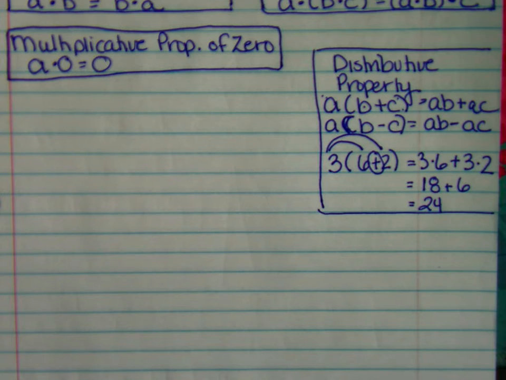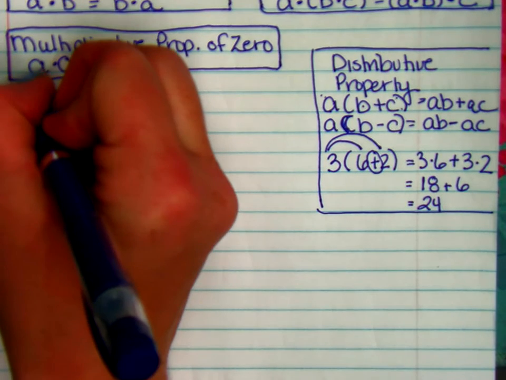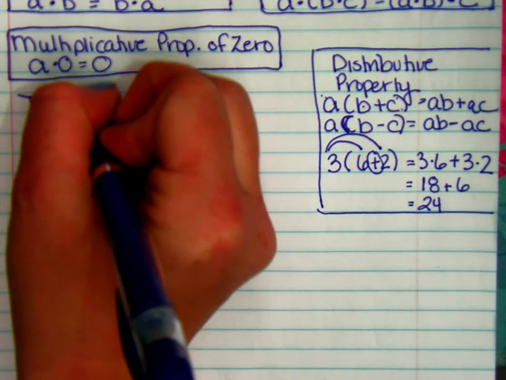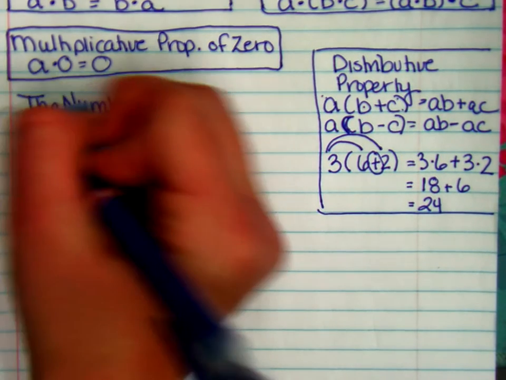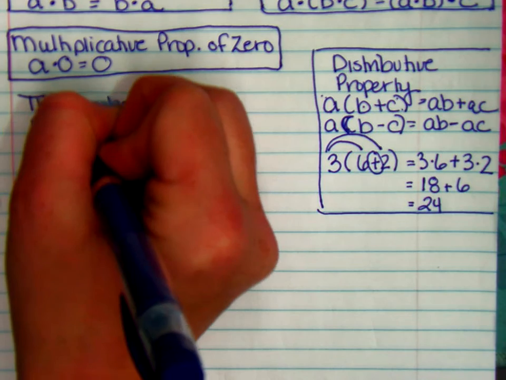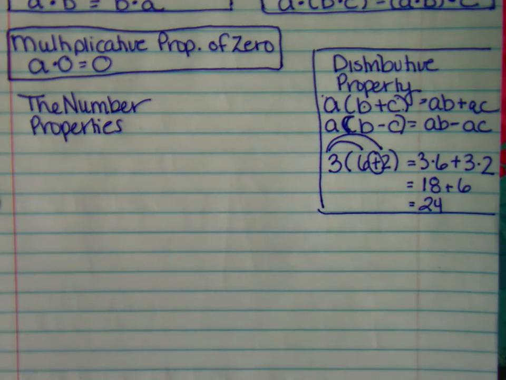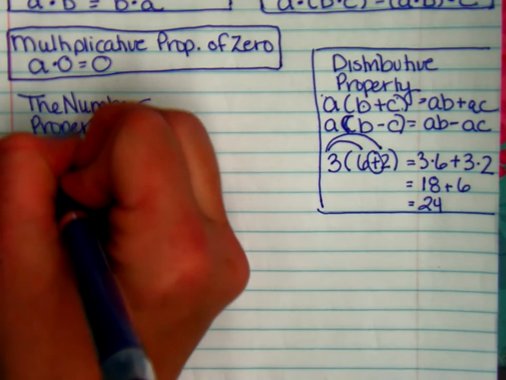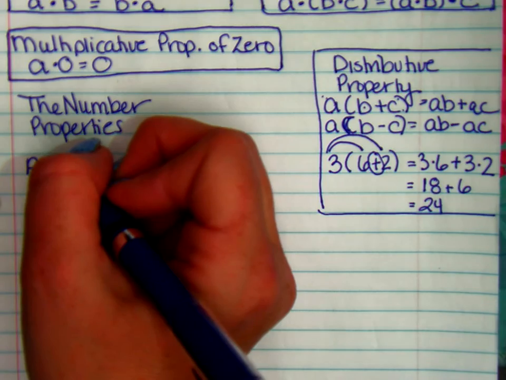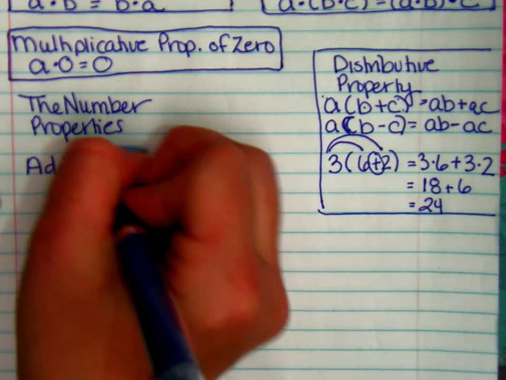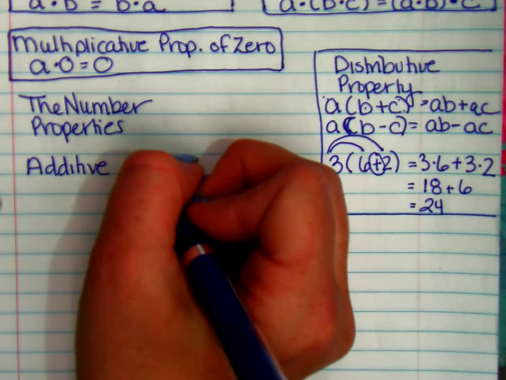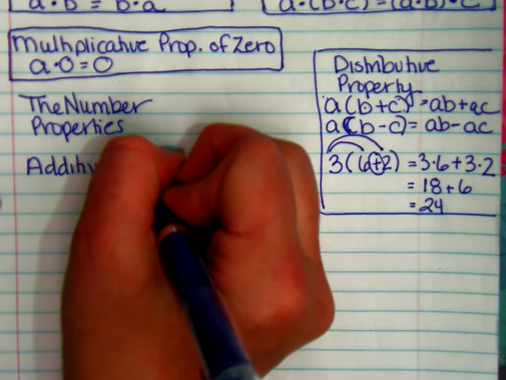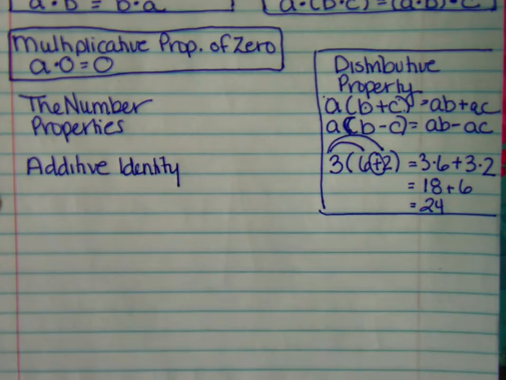All right. I should put a title in here. The number properties. All right, another number property is the additive property, or I'm sorry, additive identity property. And this is another one you've been doing for a long time, and it's going to seem like, oh, that's common sense.